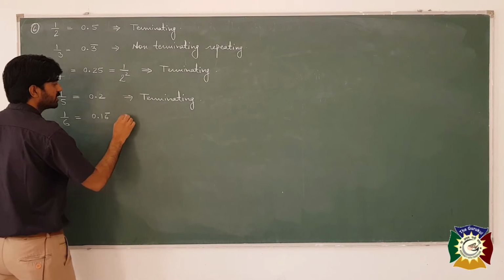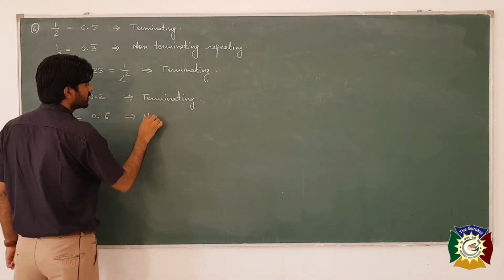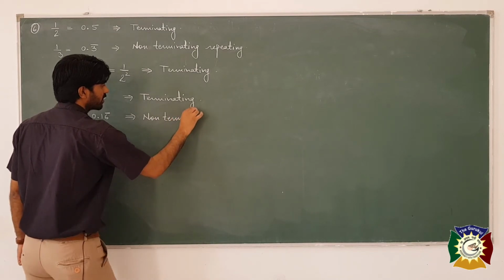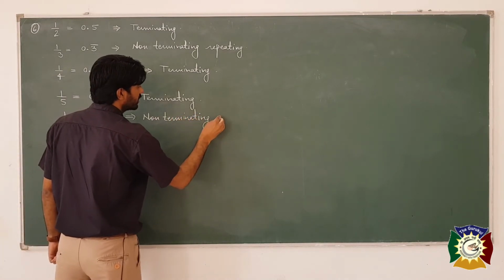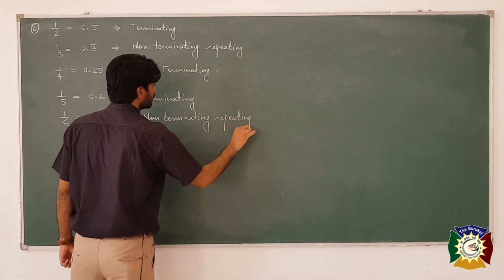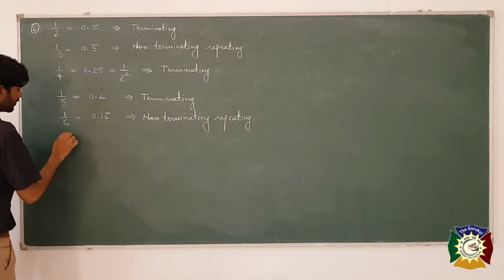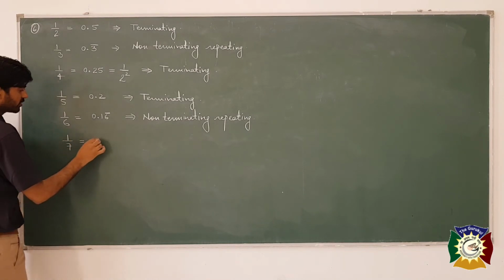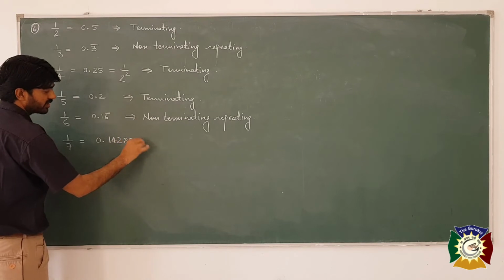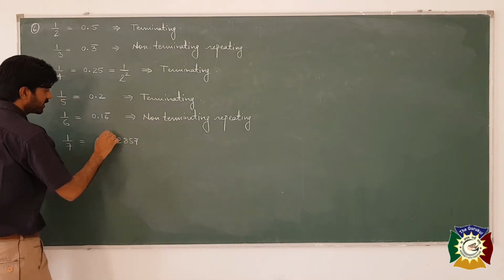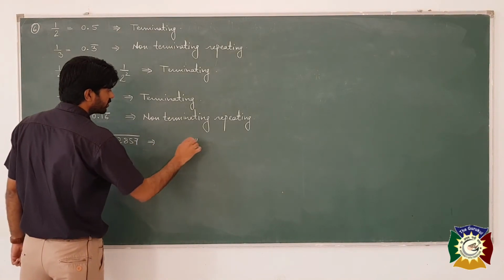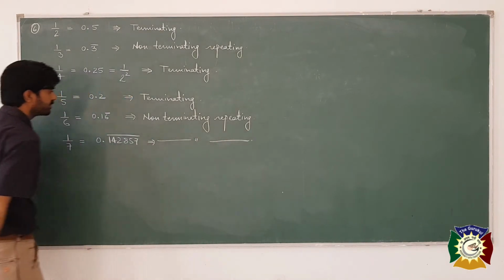So it is non-terminating, recurring, repeating. Then 1 divided by 7 is equal to 0.142857. We have seen it in question number 2, I think, and bar on all 6. So it is also non-terminating, repeating.